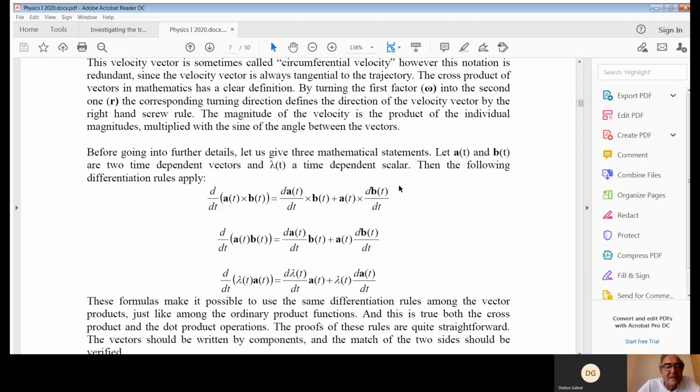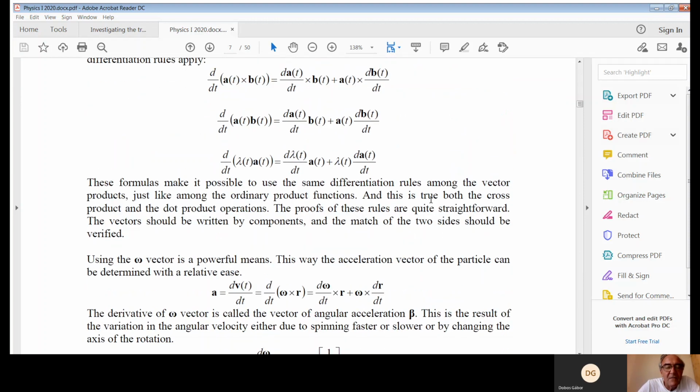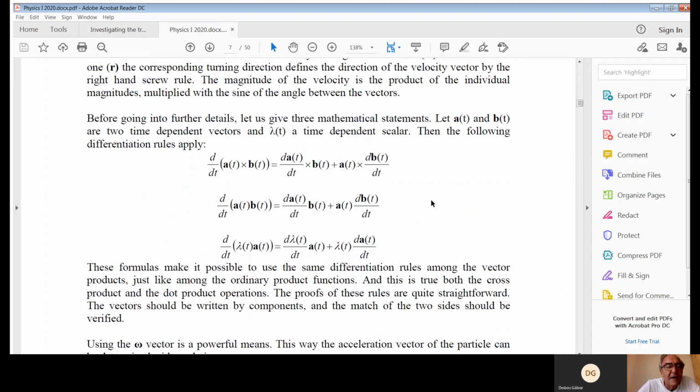And because of this, we have to declare some mathematical theorems that we should be able to use by algebra, combining them with the derivation. So let's check this out.